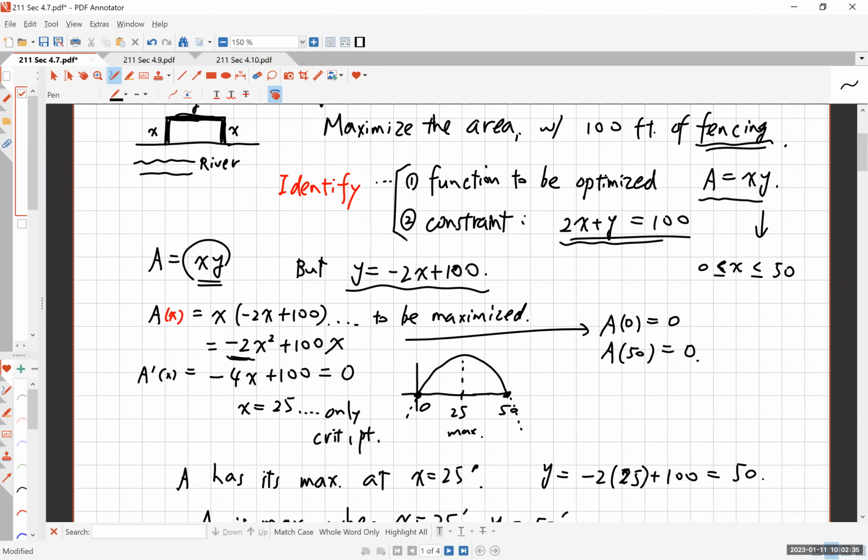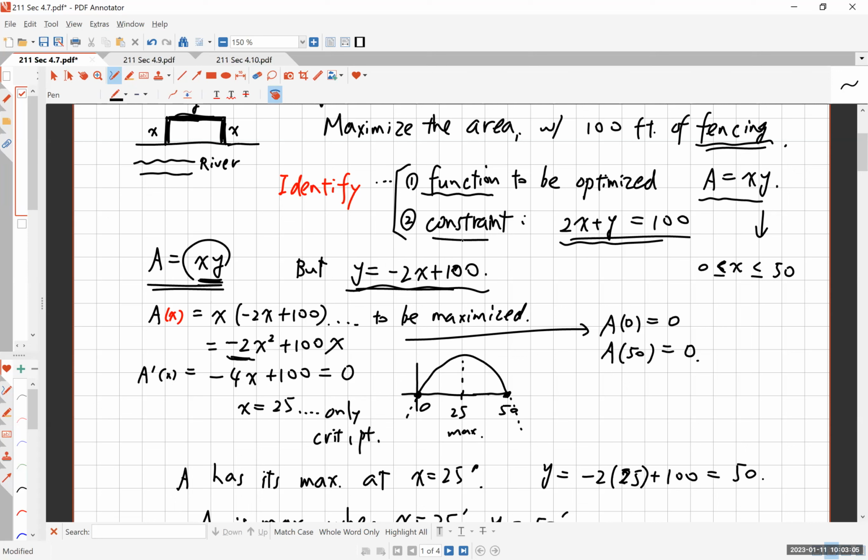In all of these optimization problems, you will see that there is a function to be optimized. Now, you need to find it. Sometimes that is a tricky situation. It may not be as easy as the area of a rectangle. It could be the volume, and you may have more than 2 variables. In this case, you had 2 variables, X and Y, and you wrote one in terms of the other. You may have to do extra work before you can come up with that function to be optimized.